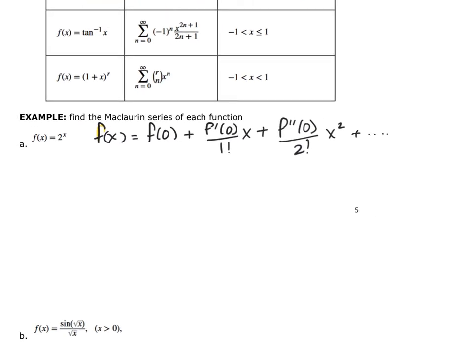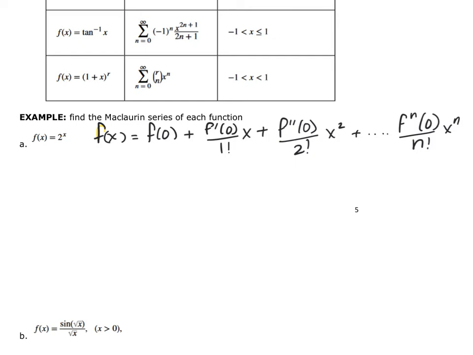And then this goes all the way up to f of n, the nth derivative, evaluated at 0, over n factorial, x to the n. So in other words, what I need is some derivatives. I need some derivatives of 2 to the x. Now I'm going to go back to my table of derivatives.